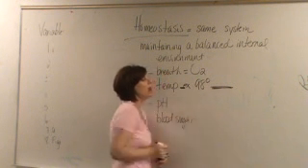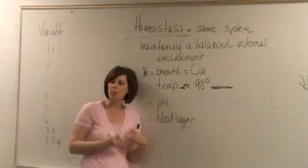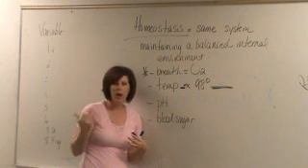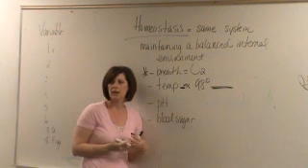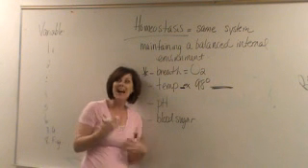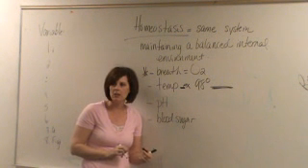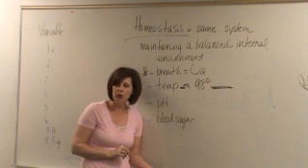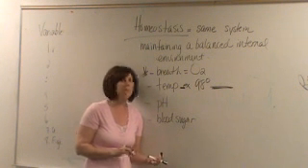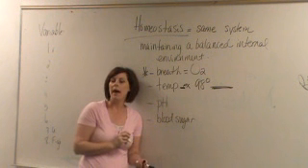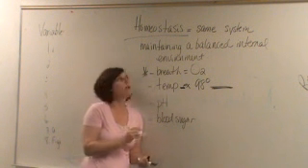Okay, the set point, what we want as normal for our body. No matter how hot it gets outside, when it gets hot outside, our body does stuff so that our body temperature stays around 98 degrees. If it gets too cold outside, then our body does stuff to maintain that homeostasis for temperature.